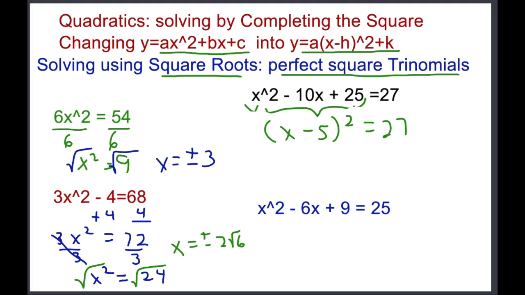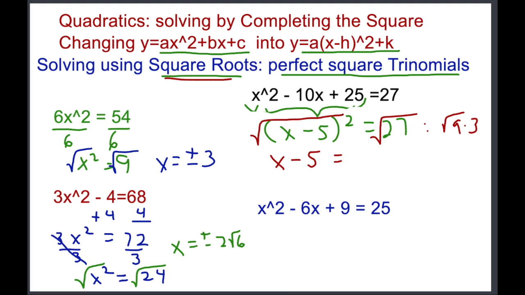So we notice now that both sides need to square root. The reverse of squaring, or solving by square roots, is to square root. So the square root of x minus 5 squared is x minus 5, and the square root of 27 is the square root of 9 times 3.